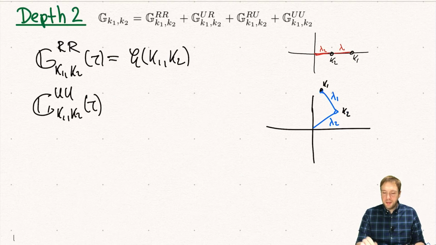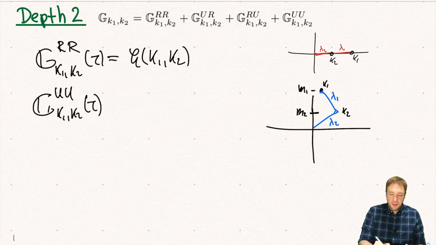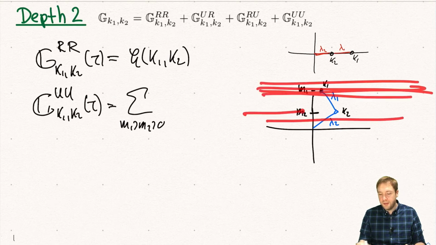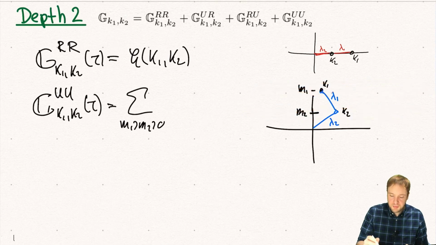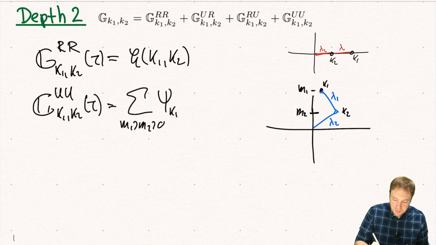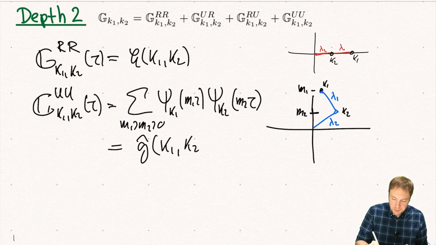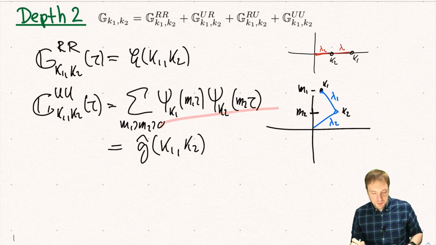So I take the sum over all pairs like this, but this just means, again, here I can say this is m2 and this is m1. So I take the sum over all m1 greater than m2. And for a fixed m1, I take the sum over all points in this direction, and for a fixed m2, I take the sum over all here. But these are just, again, the monotangent functions psi k1 of m1 tau, psi k2 of m2 tau. And this is just by the proposition g hat k1 k2, because this is an ordered sum of monotangent functions.